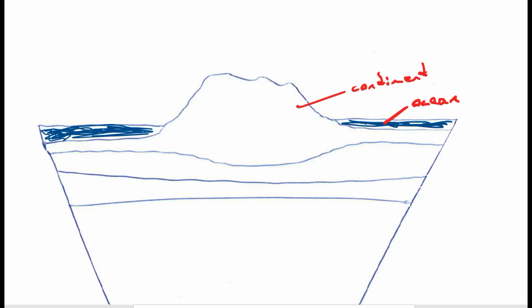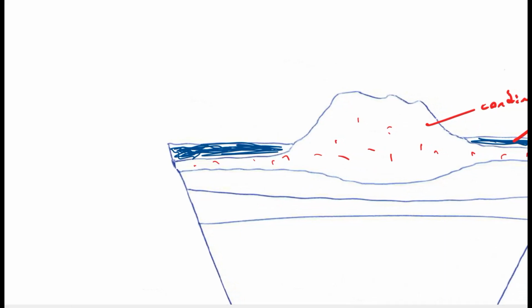Now, this continent, this area here, also goes down underneath the ocean, doesn't it? That's because that is the crust. So where the continent is, but also that part just there underneath the ocean, is the crust. Remember, we're going to be labeling and talking as we go through.